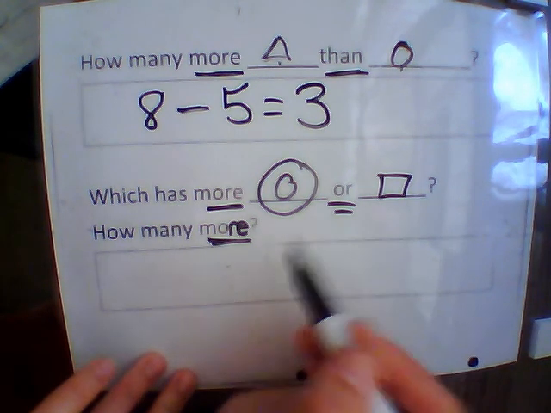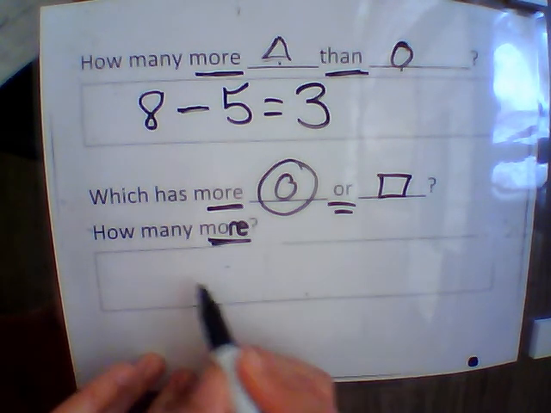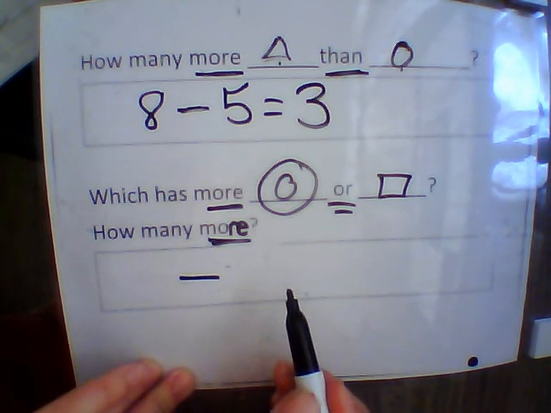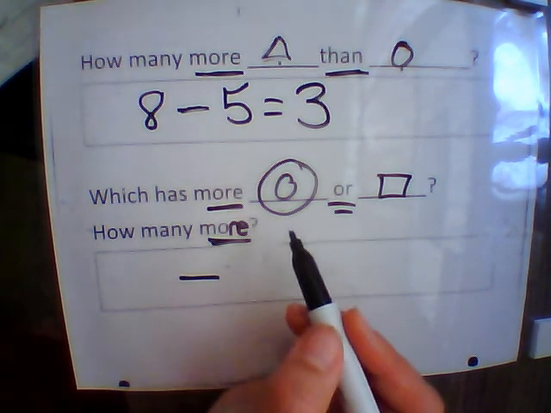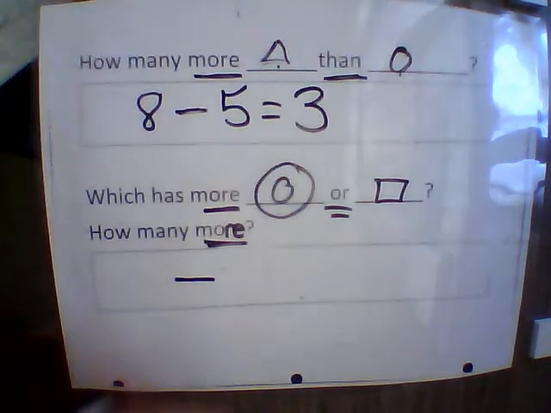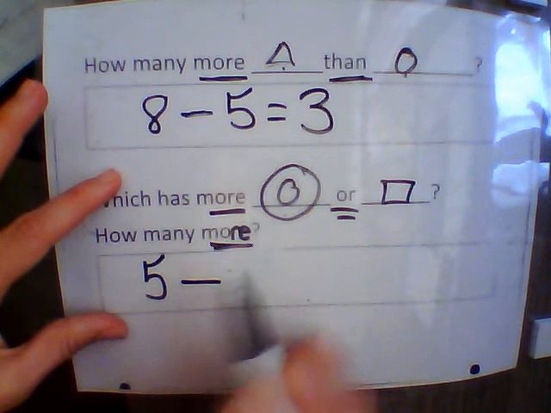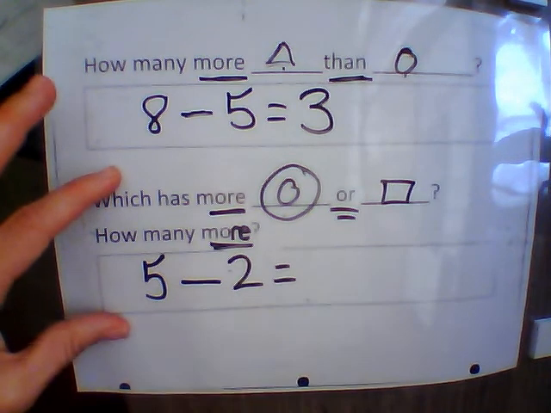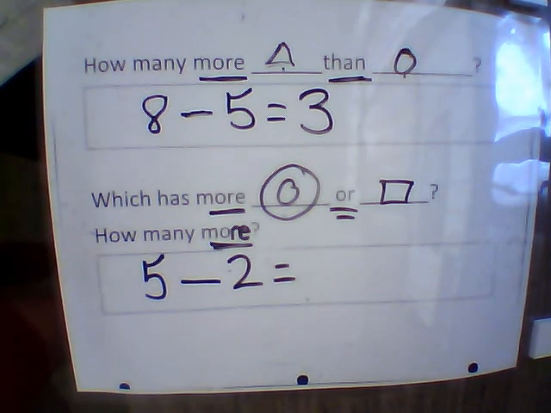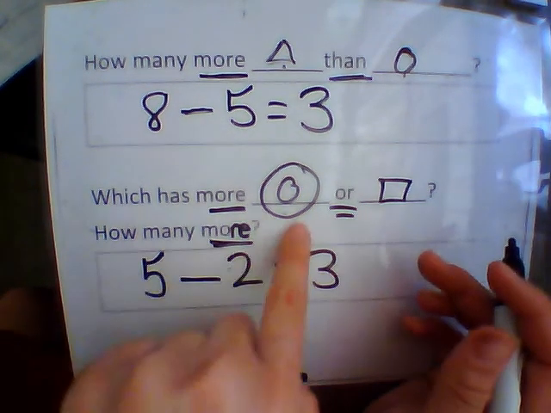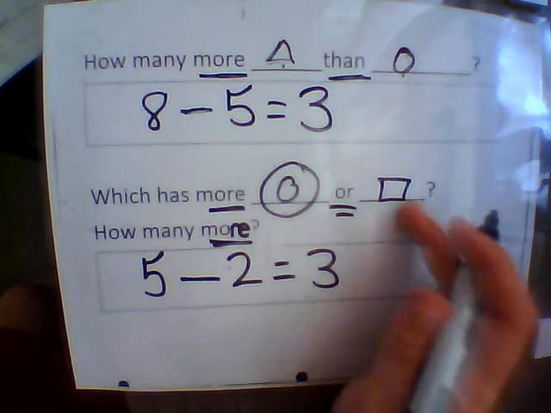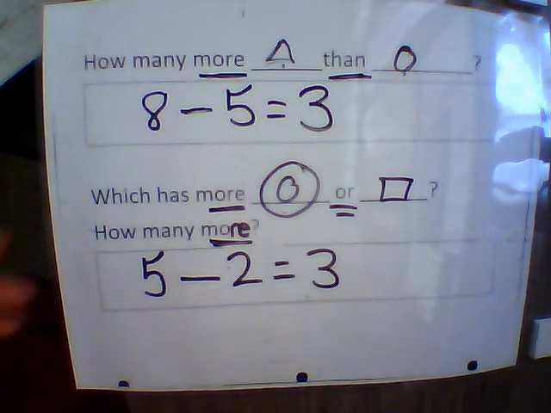So today on this problem, we're looking for more, and we will be using subtraction. And we said that the circle is the larger one, so we're starting with that one. So we're going to write 5 minus 2 and solve. And you should have gotten 3 more circles than the squares.